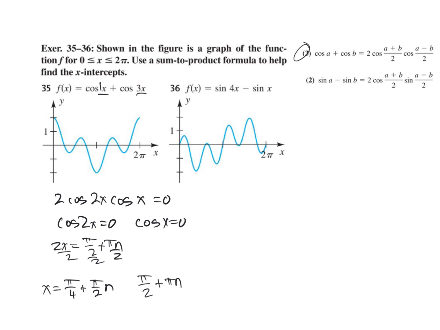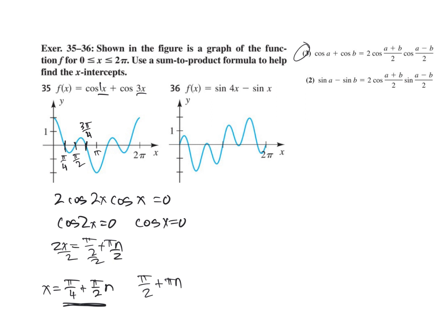So pi over 4 would be the first one here. And then we also have this one, which is going to be 1 pi here. This is the first pi over 2. And then the second one there, remember the pi over 4 plus pi over 2 gets us to 3 pi over 4.